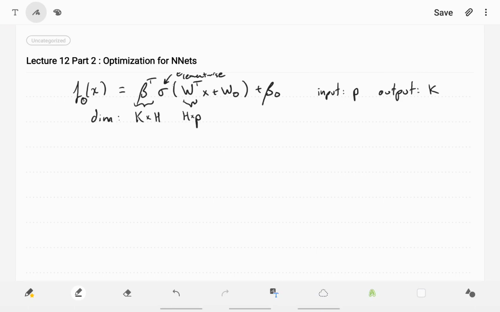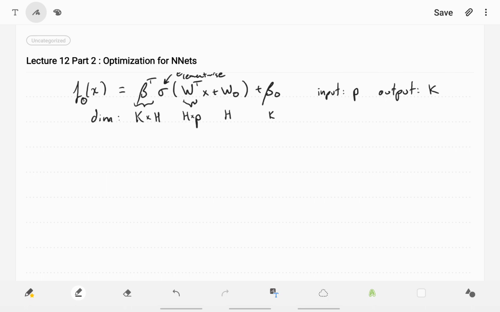And whenever we have some sort of an activation function applied to a vector, just think of it as being applied element-wise. This w naught, of course, is h-dimensional, and beta naught is a k-dimensional vector. So this is what we're going to think of if we're going to be using our neural net to, say, train multi-class classification.